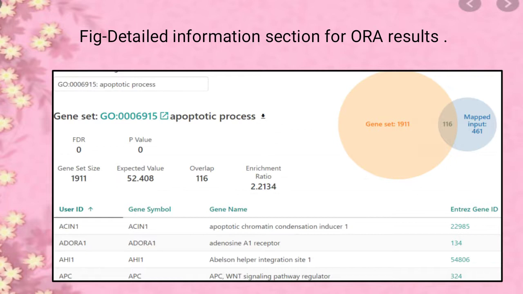For example, the Venn diagram here for overrepresentation analysis shows the overlap between the genes in the input and those in the database. A total of 116 overlaps were identified between the gene set and mapped input, and the enrichment ratio is about 2.2134, which is obtained by the ratio of the number of observed genes to the expected genes for each GO term. Here the p-value and FDR are 0, which indicates that the probability of correcting for random events that falsely appear significant is 0.